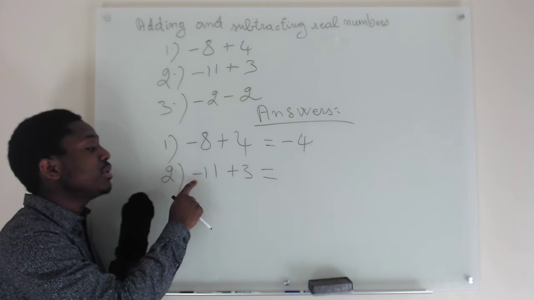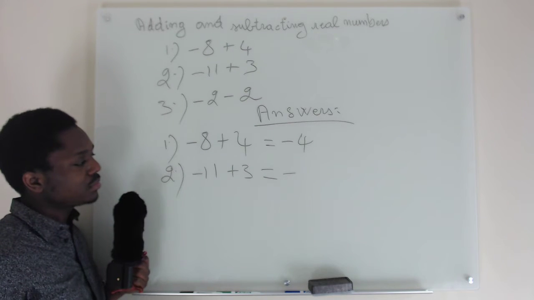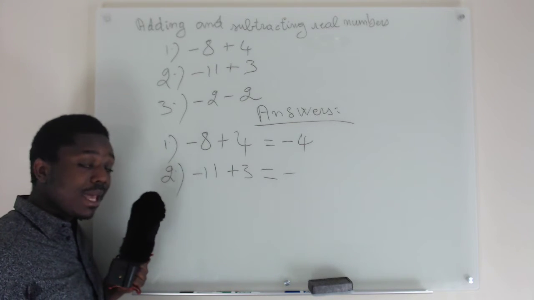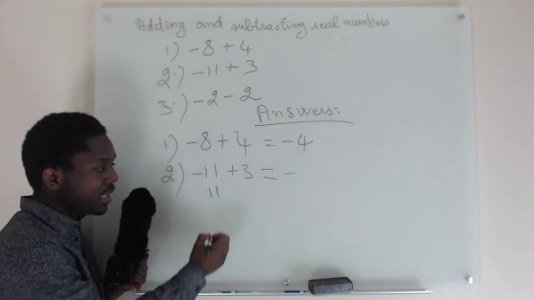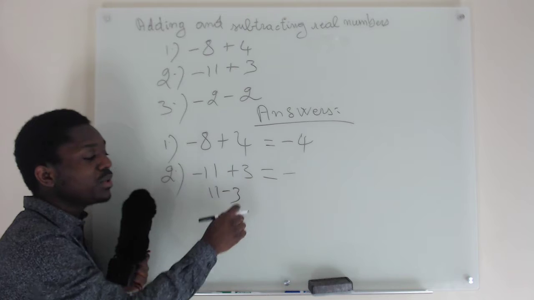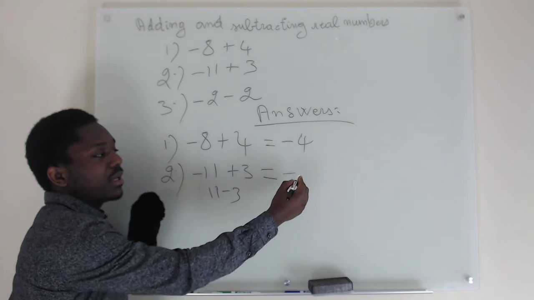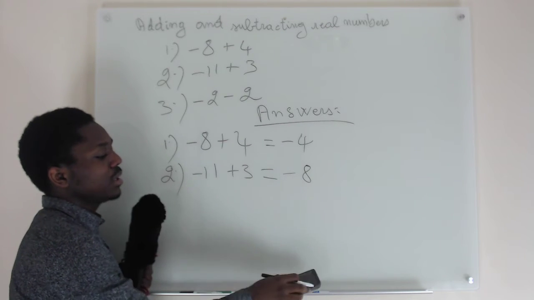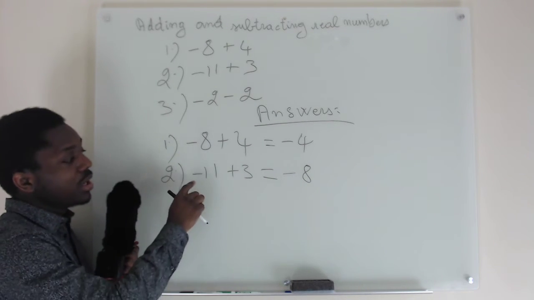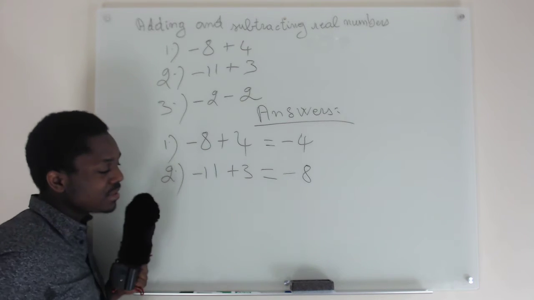The sign of the number 11 is negative. So you put negative here. Then you take the big number, which is 11, minus the small number, which is 3. 11 minus 3 is equal to what? 8. Then you erase this. The answer to -11 plus 3 is equal to -8.